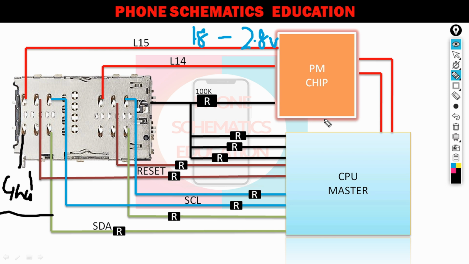If there is a problem, somehow the power IC does not generate the network section voltages. Which voltages I'll give you in detail in another video. Right? Most of the detail, 99%, without hiding, I will explain to you.